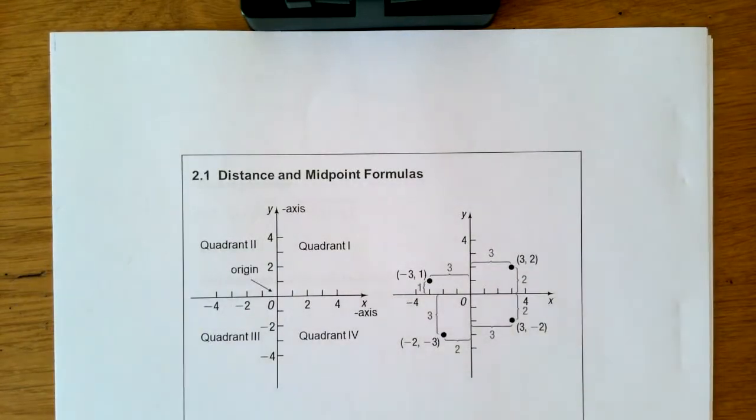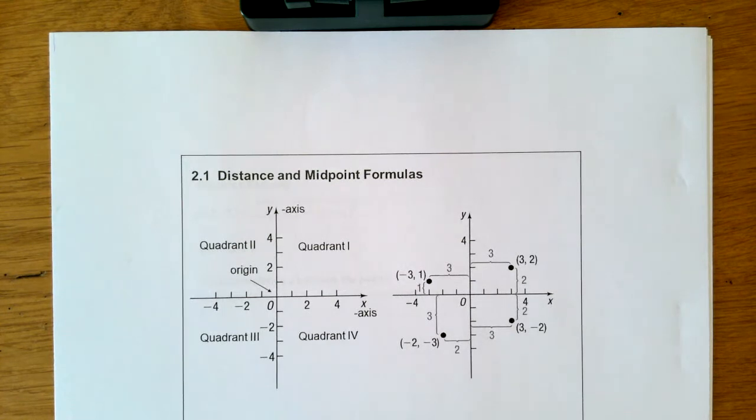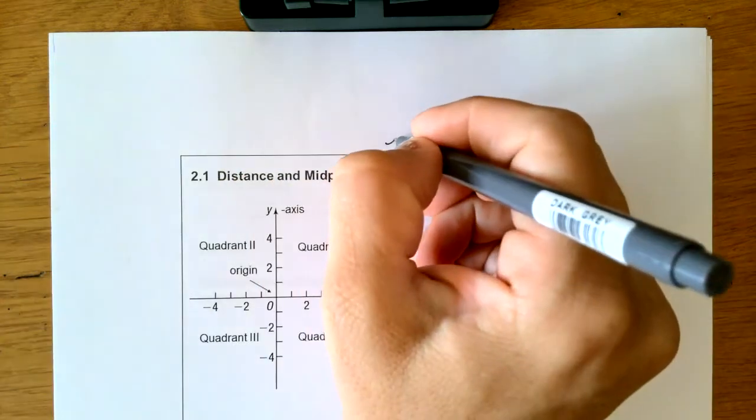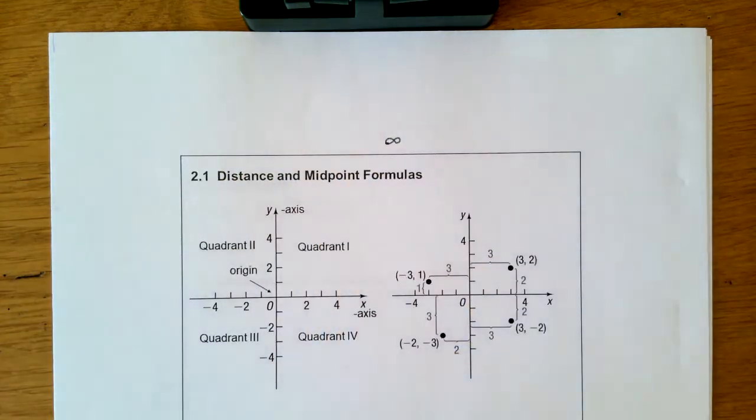So we graph on what is called the Cartesian coordinate system, or you can just say the coordinate system, or you could just say the plane, a flat surface, but it's spelled P-L-A-N-E. It's a flat surface that extends forever, infinitely, like the infinity symbol, infinitely in all four directions, right?